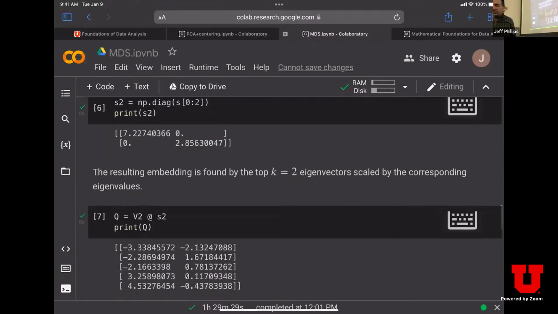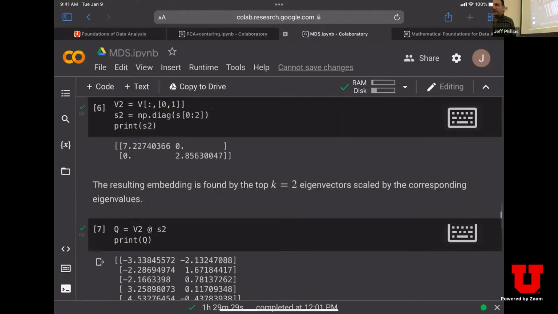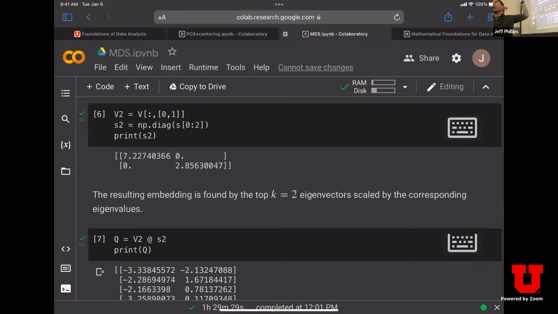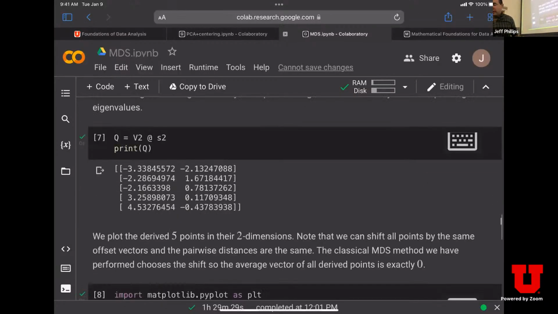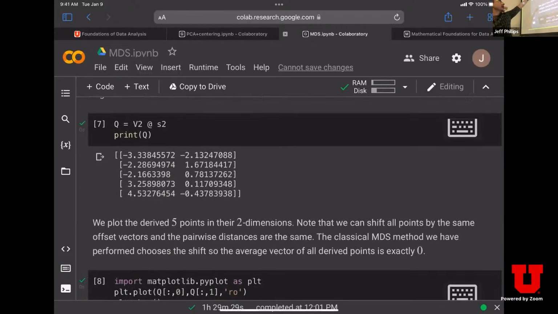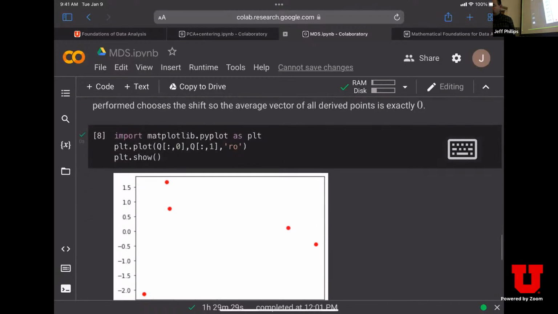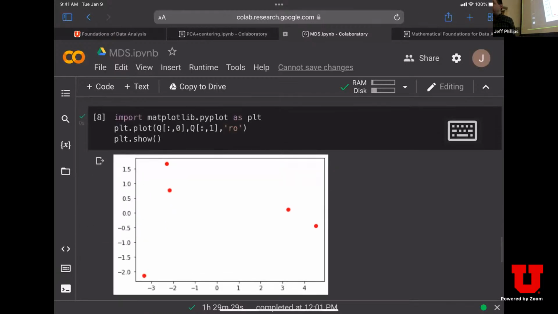Okay, and then Q is just V2 times S. Remember, S is after I've already done the square root. So I just took V2 dot S, that's just scaling the components, and those are my coordinates. The first point is negative 3.3, negative 2.1, and so forth. And I plot them with matplotlib, and these are now my 5 coordinates in 2-dimensional space.